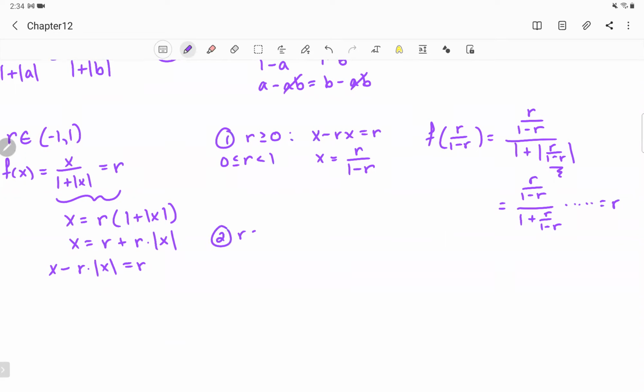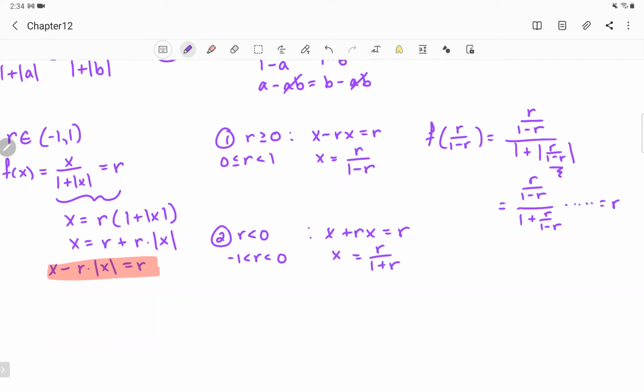Case 2, if r is negative, so we have -1 less than r less than 0. This is where we're going to take x to be negative. So when I look at that equation I got to, I will get x plus rx equals r. x equals r over 1 plus r.